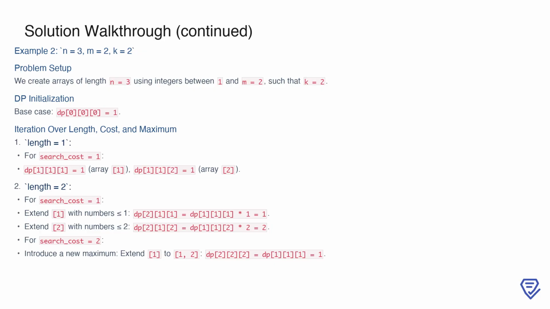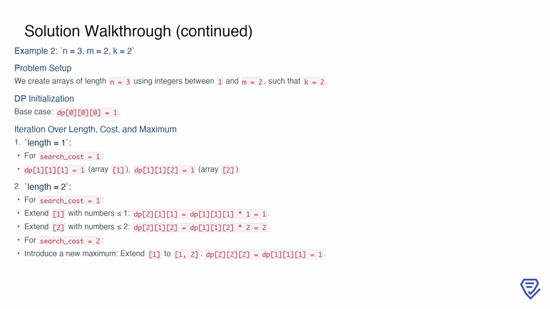For length equals 2 and search_cost equals 1, we extend 1 with numbers less than or equal to 1, resulting in [1, 1], and dp[2][1][1] equals dp[1][1][1] times 1 equals 1. Similarly, for max_so_far equals 2, extending 2 with numbers less than or equal to 2 gives dp[2][1][2] equals dp[1][1][2] times 2 equals 2.